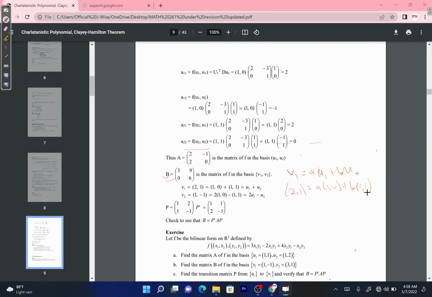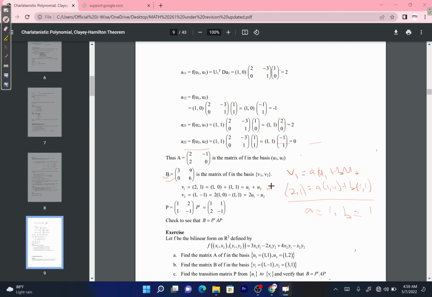We solve this; it becomes a simultaneous equation of two unknowns. You solve the two equations simultaneously for a and b. When you solve, you get a equals 1 and b equals 1. So our v1 becomes u1 plus u2. That's what we have here.